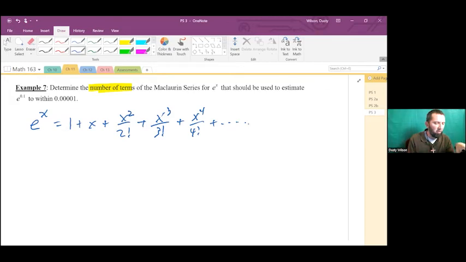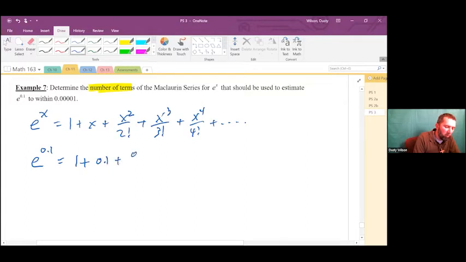So we know that e to the 0.1 would be equal to 1 plus 0.1 plus 0.1 squared over 2 plus 0.1 cubed over 3 factorial plus 0.1 to the 4th over 4 factorial plus dot, dot, dot.